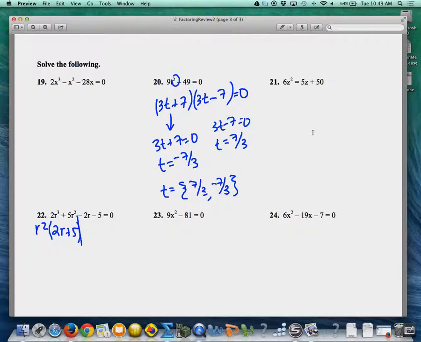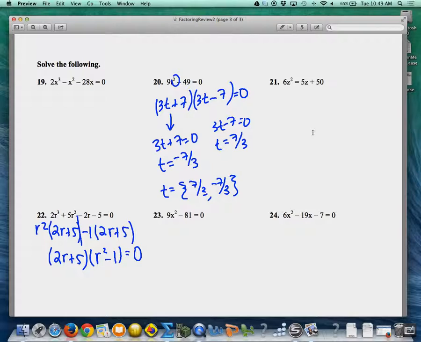Negative 1, because I have negative, negative, so negative 1, which changes it to be 2r plus 5. My parentheses are the same, which is a good sign. So 2r plus 5 is the first set of parentheses. Second one is r squared minus 1.